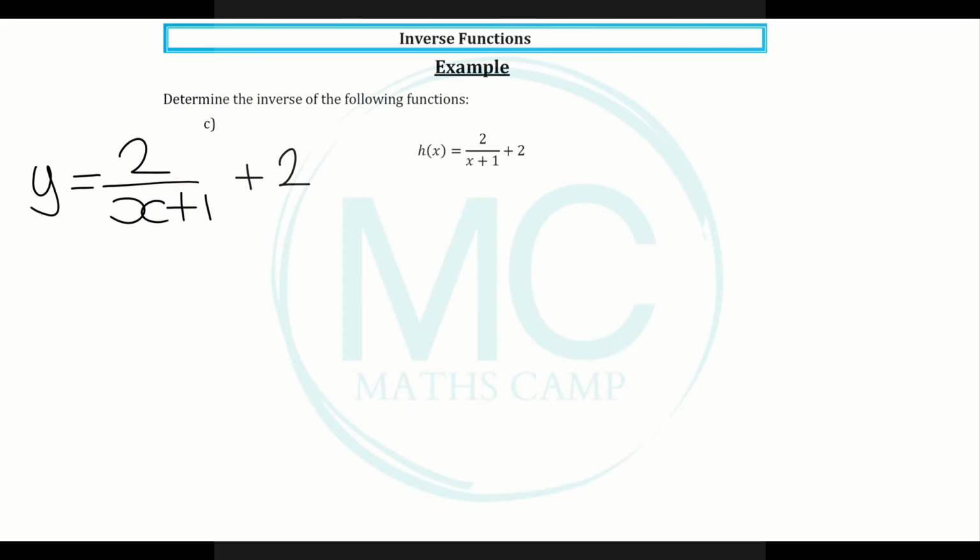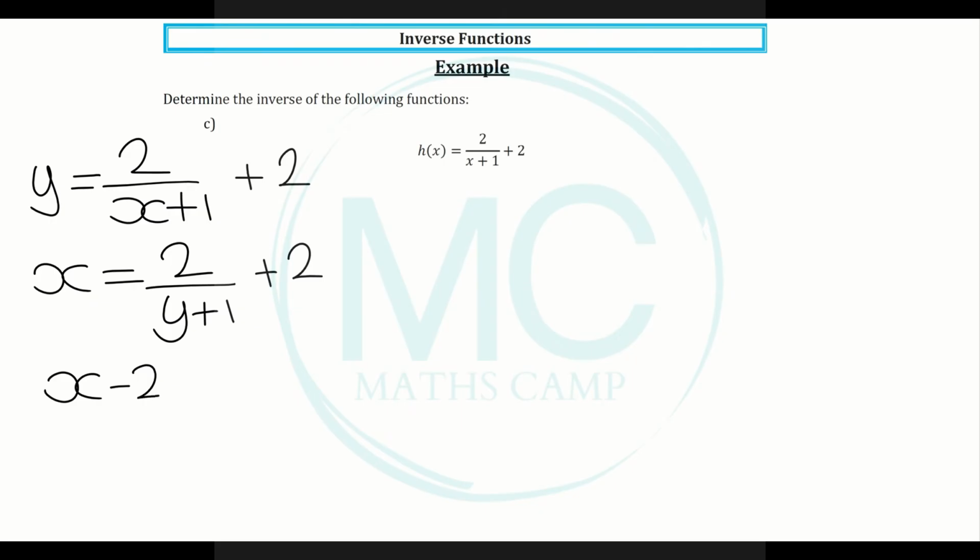Swap the variables around. x is equal to 2 over y plus 1, plus 2. To get y by itself, I need the fraction to be by itself. So let's move 2 to the left. I have x minus 2 is equal to 2 over y plus 1.